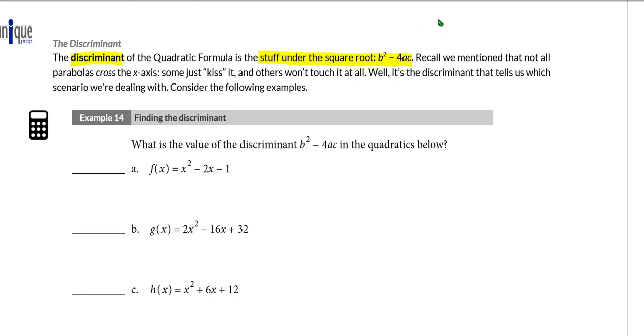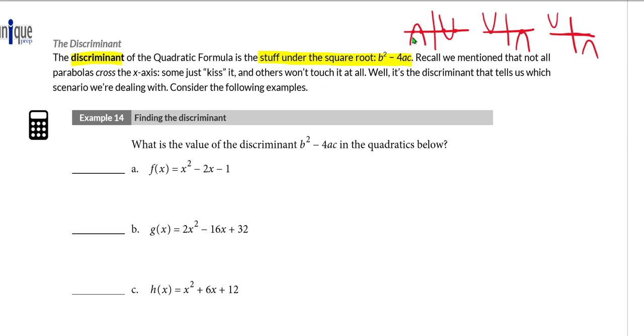A few pages ago, we talked about the fact that parabolas can cross the x-axis 2 times. They can just touch the x-axis. In other words, they can be tangent to the x-axis. They can also not touch the x-axis at all.